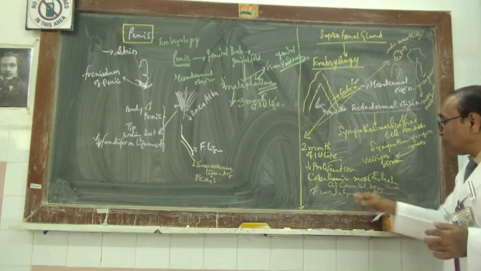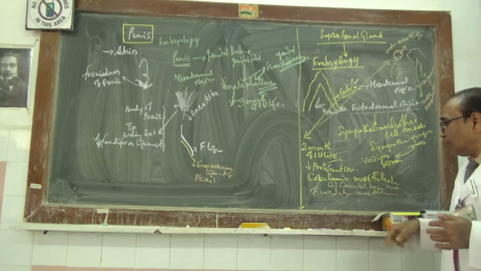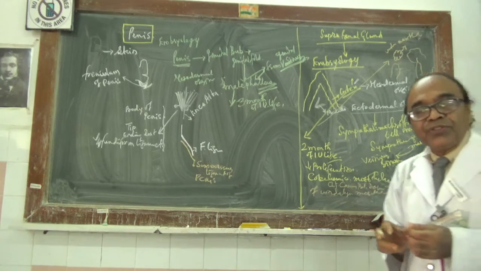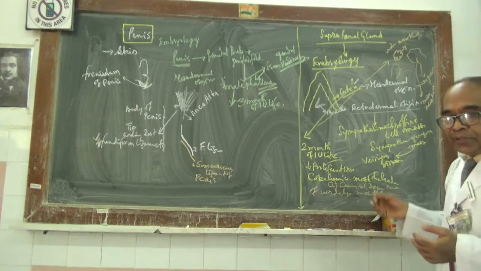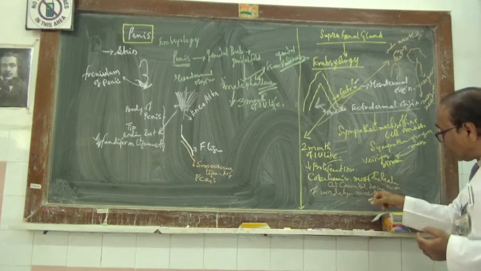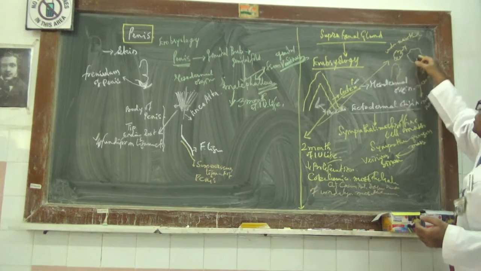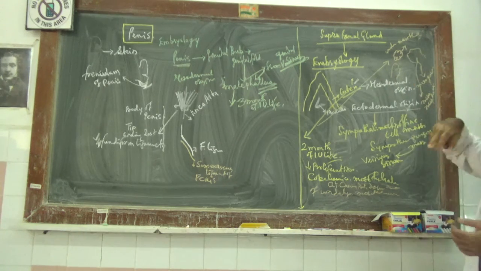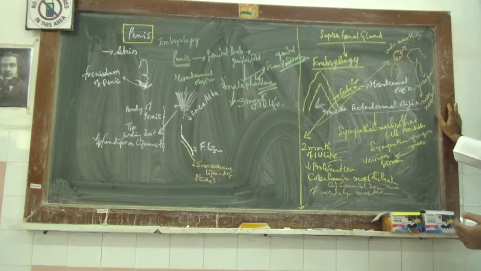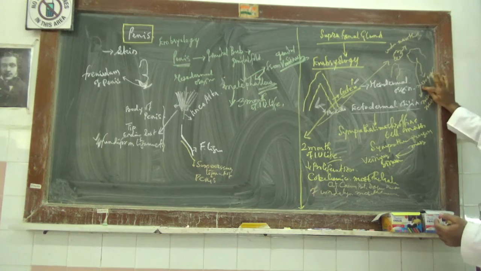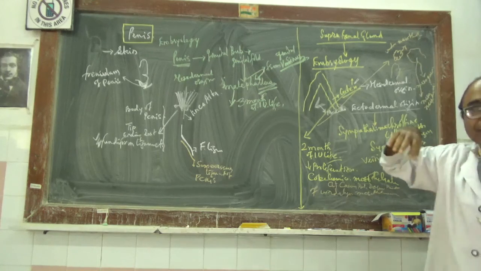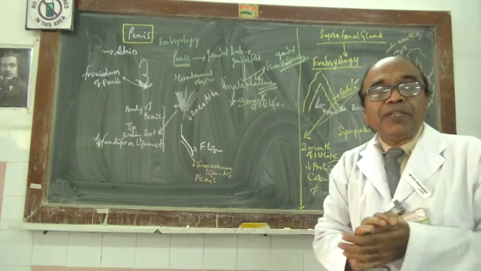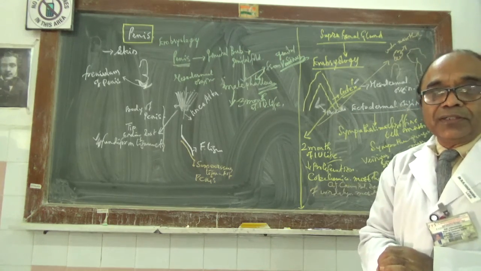This will be at the dorsal part of the underlying mesothelium, present in between the mesogastrium and the mesonephron. So this is the development of the suprarenal gland.